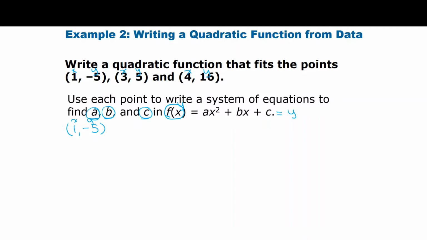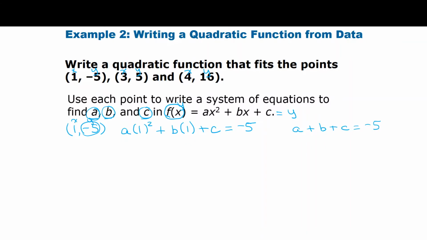When x is 1, we're going to say a times 1 squared plus b times 1 plus c, and that is going to equal y, which is -5. So that's going to be a plus b plus c equals -5.